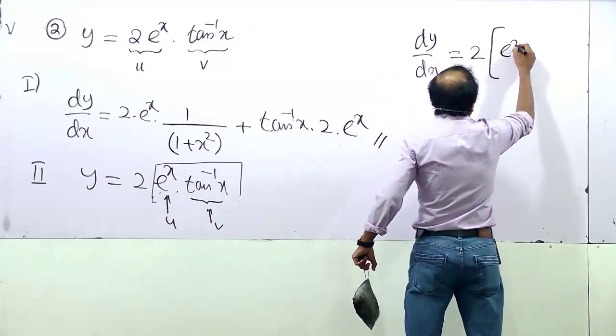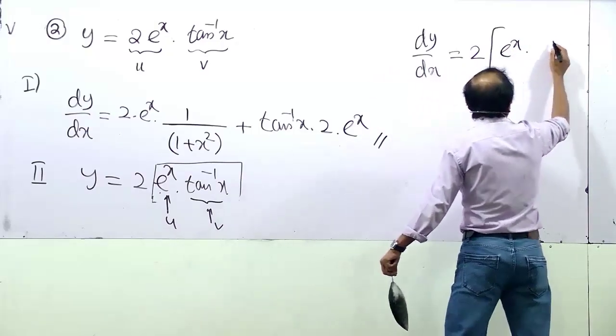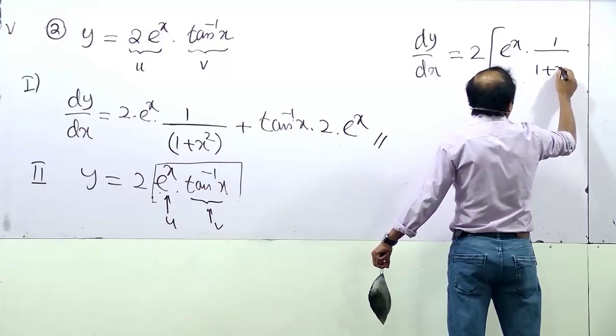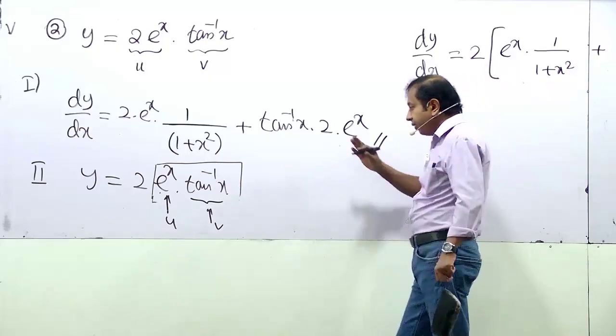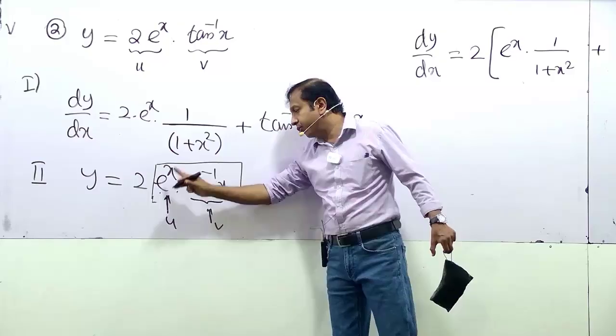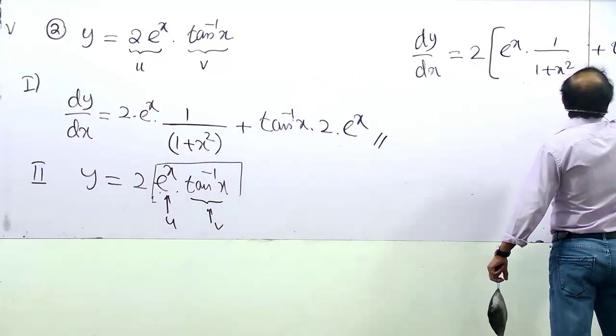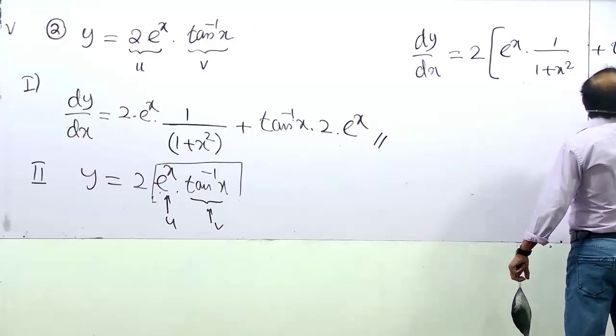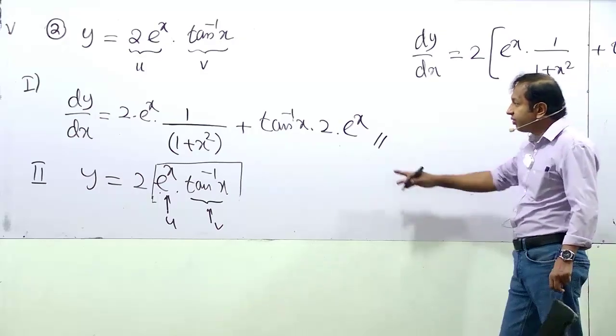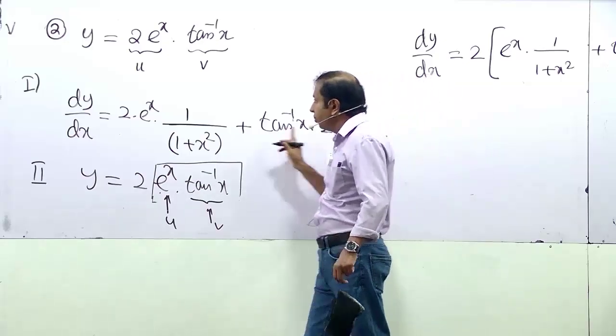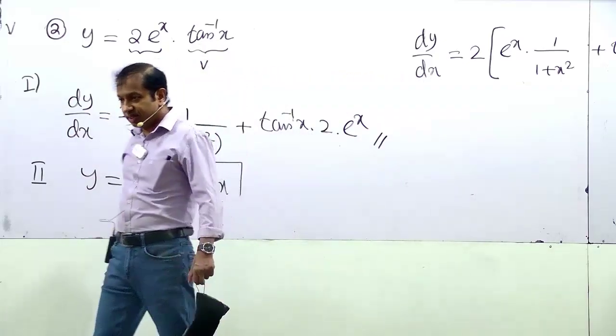e^x we have to keep as the same. Tan inverse x derivative is 1 over 1 plus x squared plus what? Keep tan inverse x as same and derivative of e^x is e^x. This way we get the same answer. Only thing is once you take these two out as common factor, that answer comes.